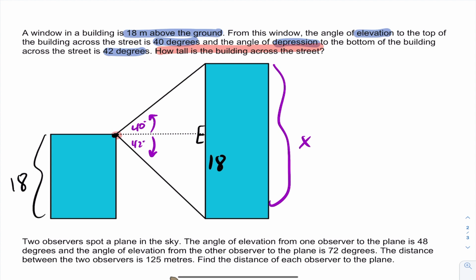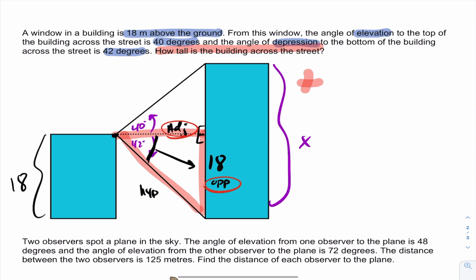If you focus your attention on this bottom half right here, I've got a right angle triangle going there. If this is my reference angle, then this would be directly opposite. Across from your 90 degrees is your hypotenuse, and your leftover is my adjacent, which is what I want to find. So in this situation, this involves the O and the A. So this would be a tan question.